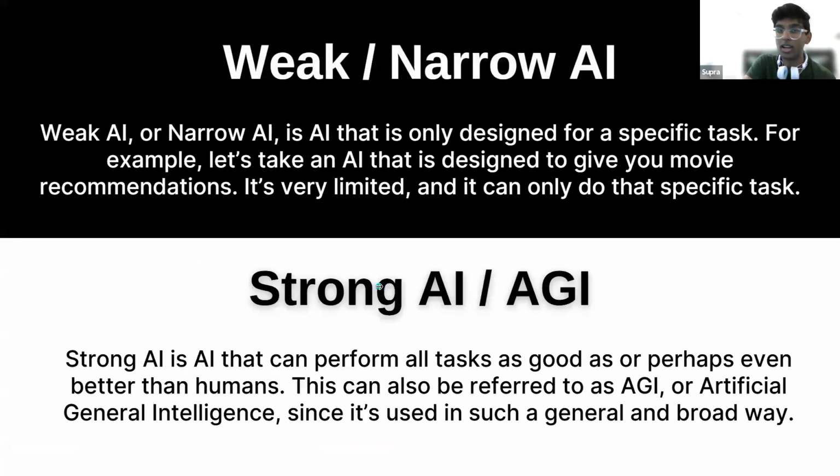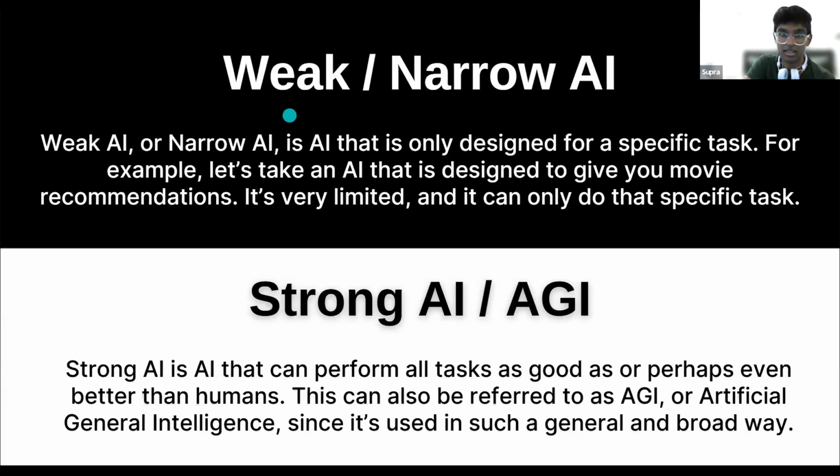So now earlier I talked about how the purpose of AI, the goal of AI, is to do what humans can do, but in a more efficient and quick way. And this is exactly what I'm going to talk about now. So first, weak or narrow AI. Weak AI or narrow AI is an AI that is only designed for a specific task.